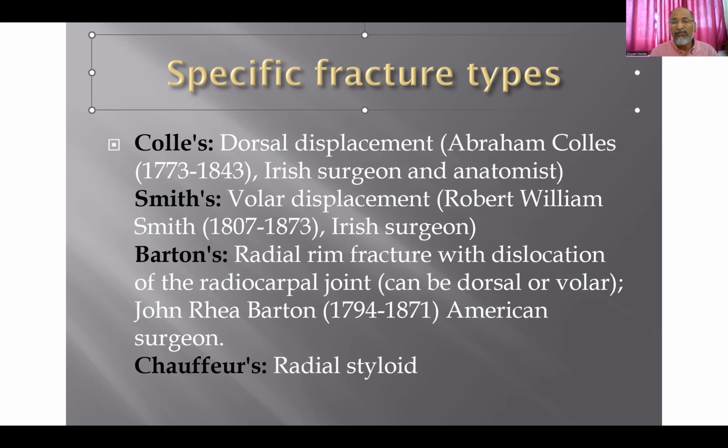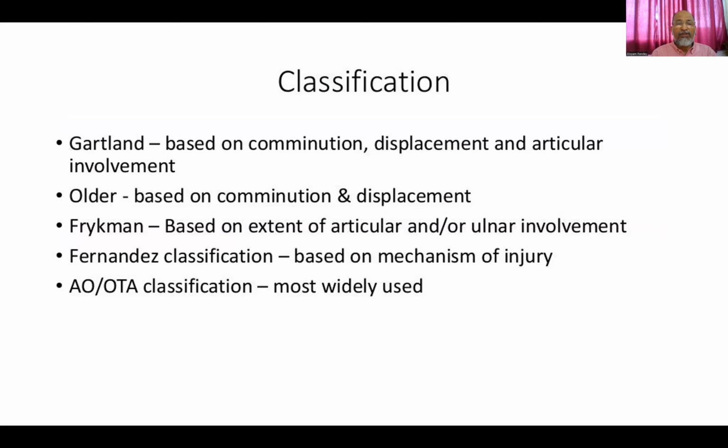Then you have a Barton's fracture, which is a radial rim fracture with a dislocation of the radiocarpal joint, and it can be of the dorsal variety or the volar variety. Then you have Chauffeur's fracture, in which the radial styloid is fractured.